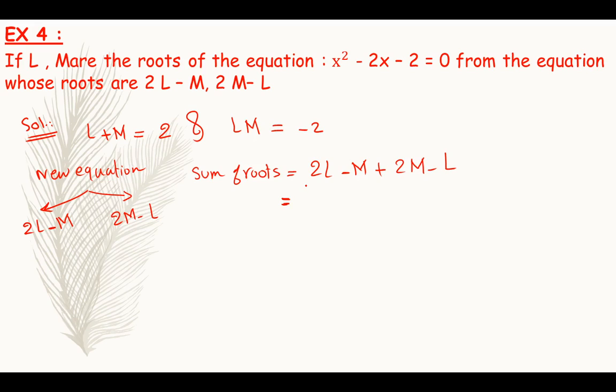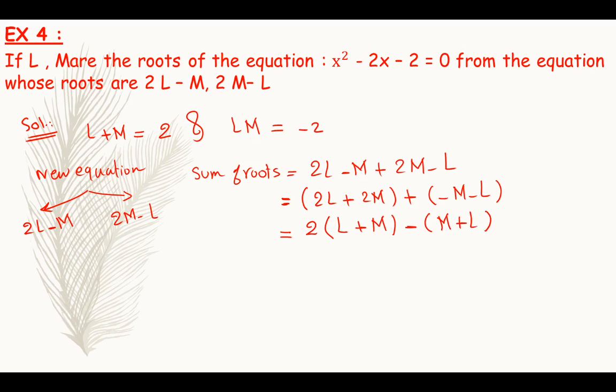Here we are going to take 2L plus 2M together in a bracket plus negative M minus L in another bracket. Here we are going to take 2 as a common factor, and the remainder will be L plus M. And here we are going to take negative as a common factor, and the remainder will be M plus L. Now, 2(L plus M) minus (L plus M) will be 1(L plus M).